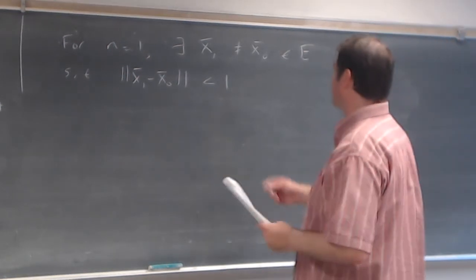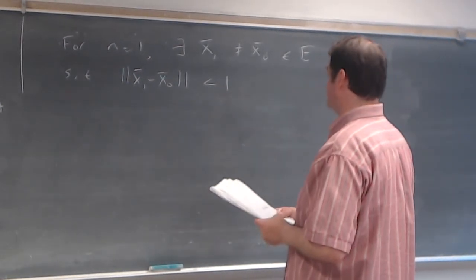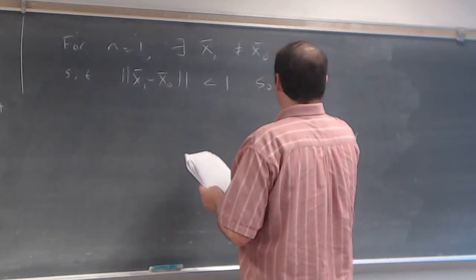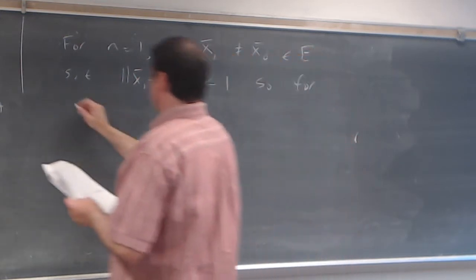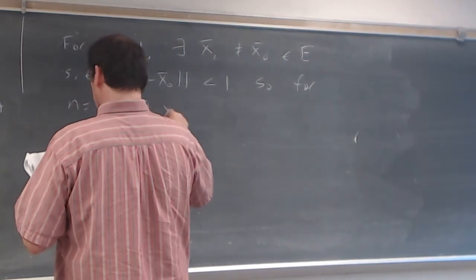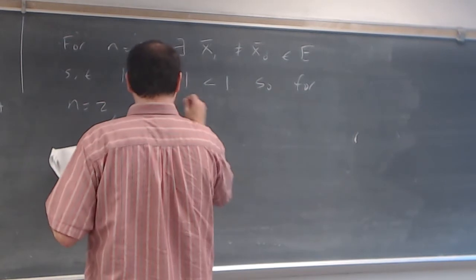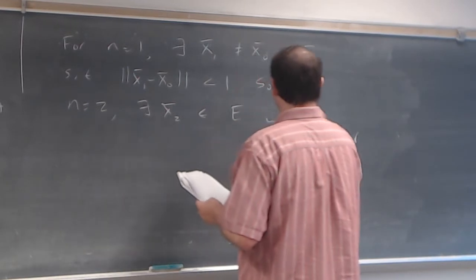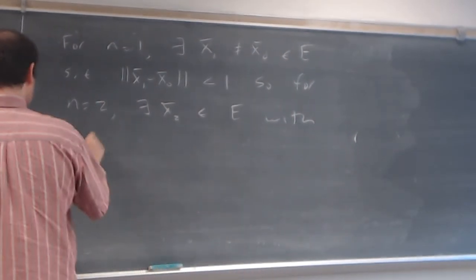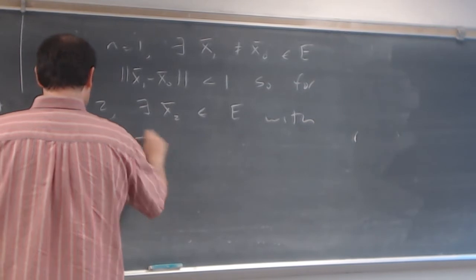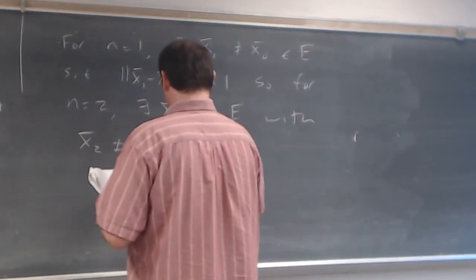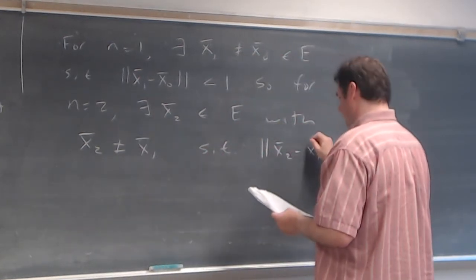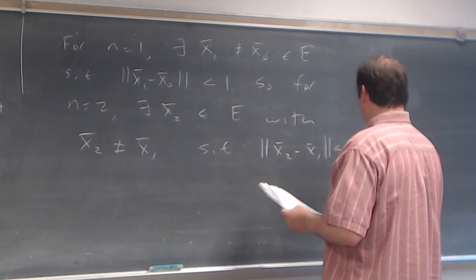And that's because x sub naught is a limit point of E. Okay, so for n equal to 2, there exists an x sub 2 that's an element of E, with x sub 2 being different than x sub 1, such that the norm of x sub 2 minus x sub 1 is less than 1/2.